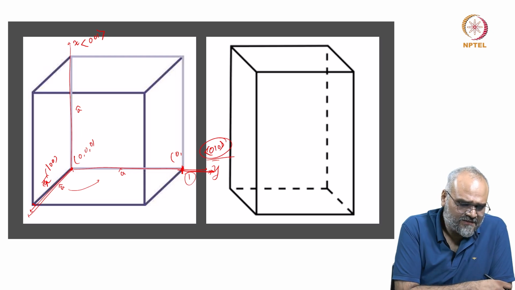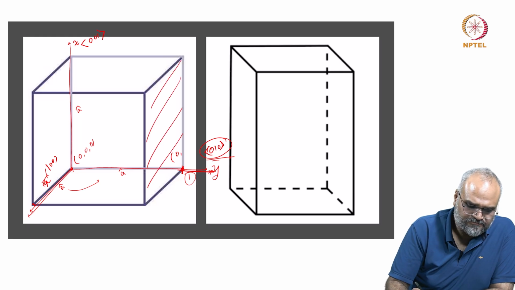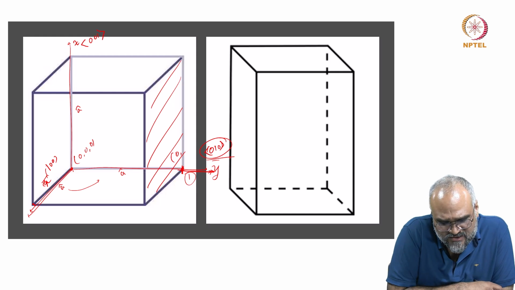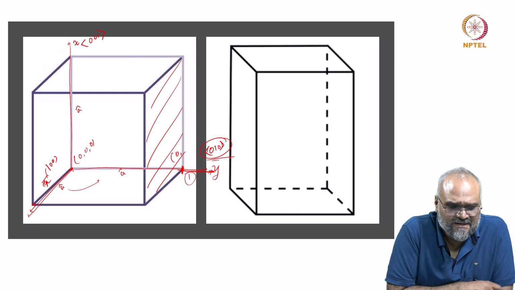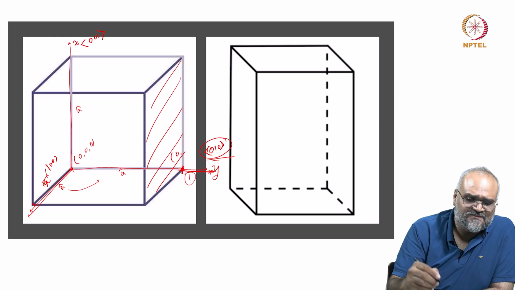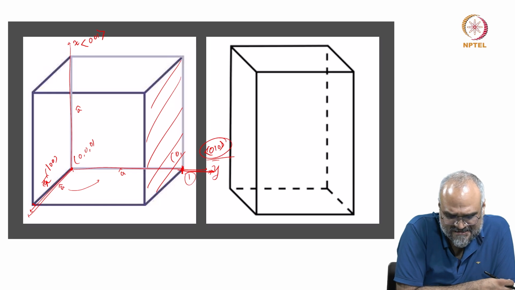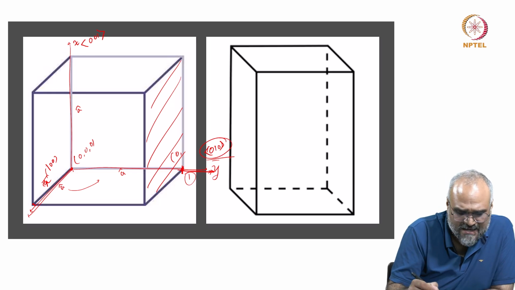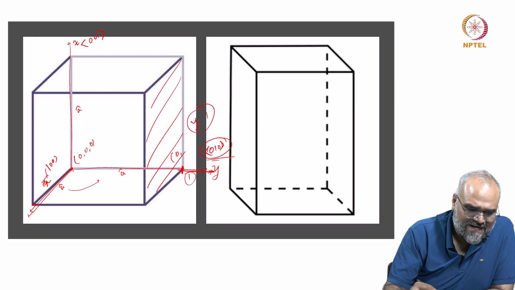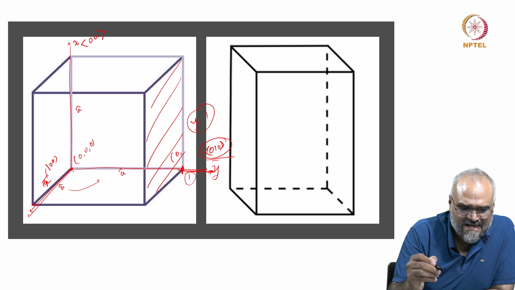But if I want a plane, let us say this plane which is here, I can do it in two ways. The conventional geometric way of giving a Miller's index for such a plane is, I take the points where this plane intersects the three-dimensional axes that I have drawn, and I say this plane intersects my y-axis at 1, whereas it does not intersect my x or z-axis.